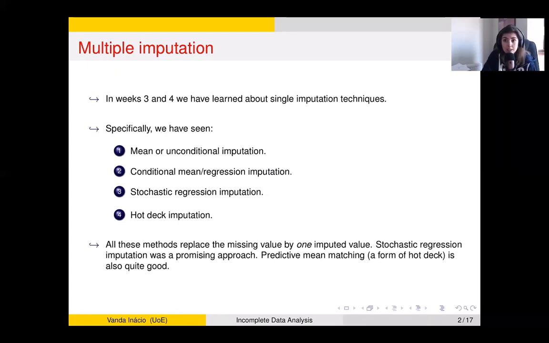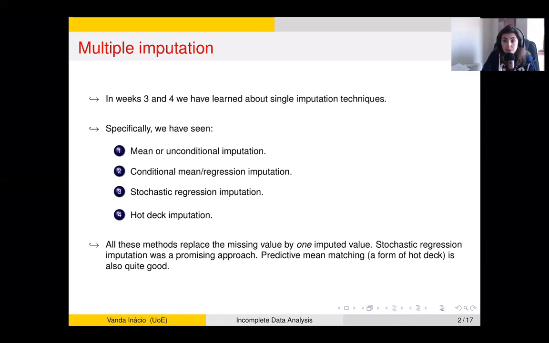In fact, we have done a simulation study in week 4, and stochastic regression imputation performed well, apart from the known problem, it's a single imputation procedure, so we know that standard errors are too small, and this was reflected. We have studied this in terms of the coverage of the confidence intervals.